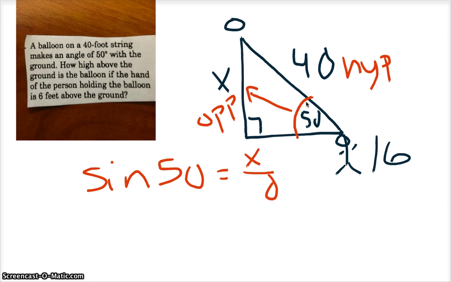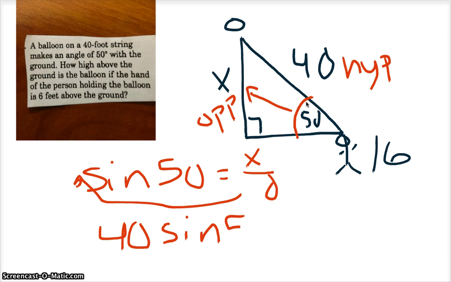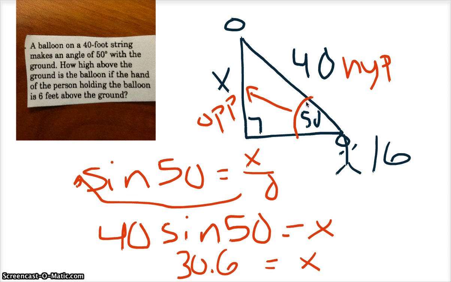And when the variable's on top, you multiply, you just bring it in front. So you're going to put 40 sine 50 equals x. You put that in the calculator. X equals 30.6.